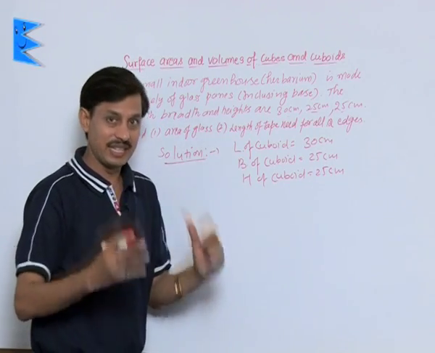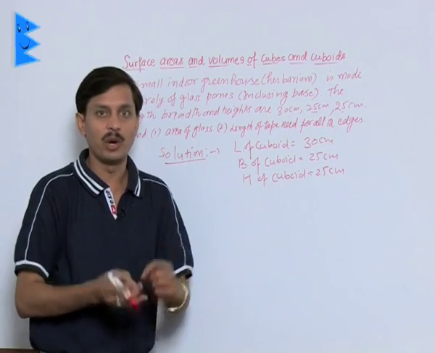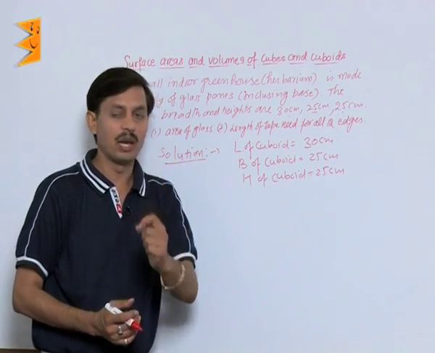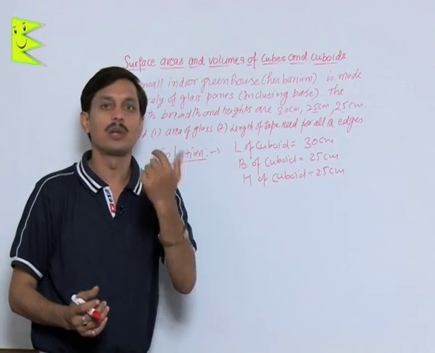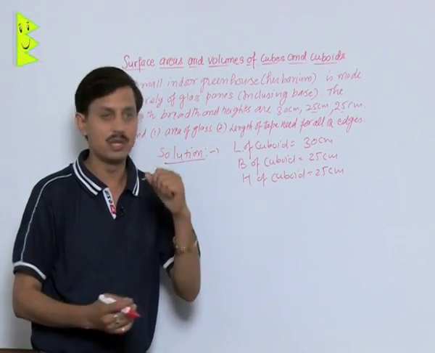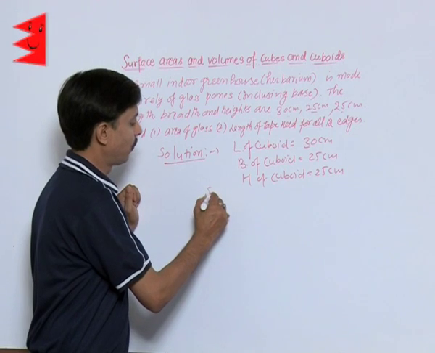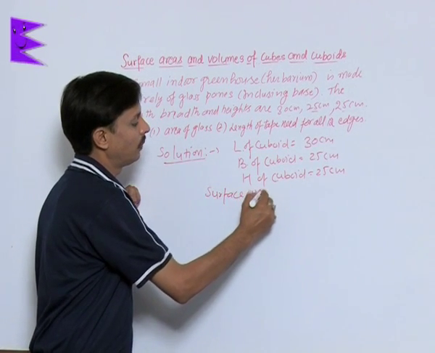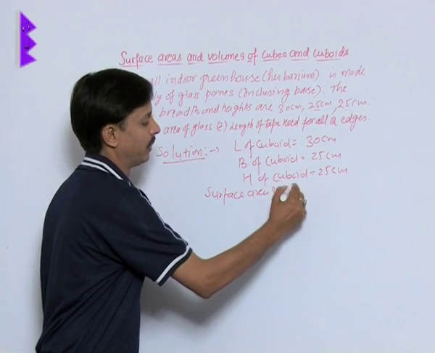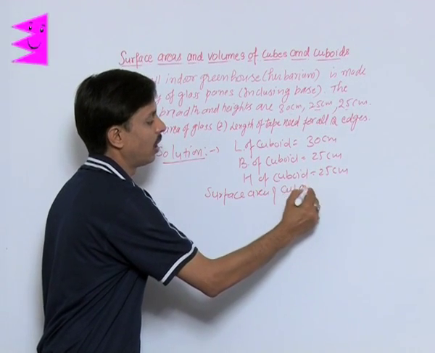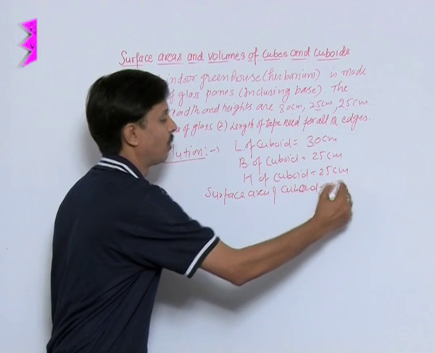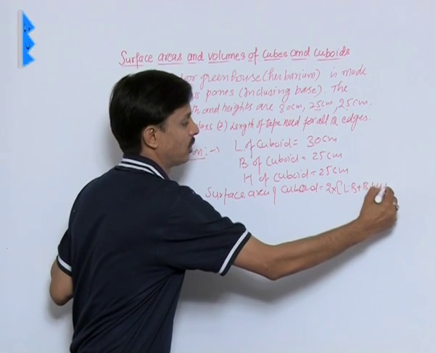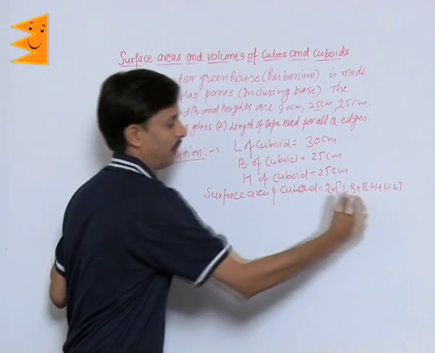Because all 6 surfaces of the cuboid are made up of glass, I want to calculate the total surface area of all 6 faces. Surface area of a cuboid is given by the formula 2 into (L into B plus B into H plus H into L).